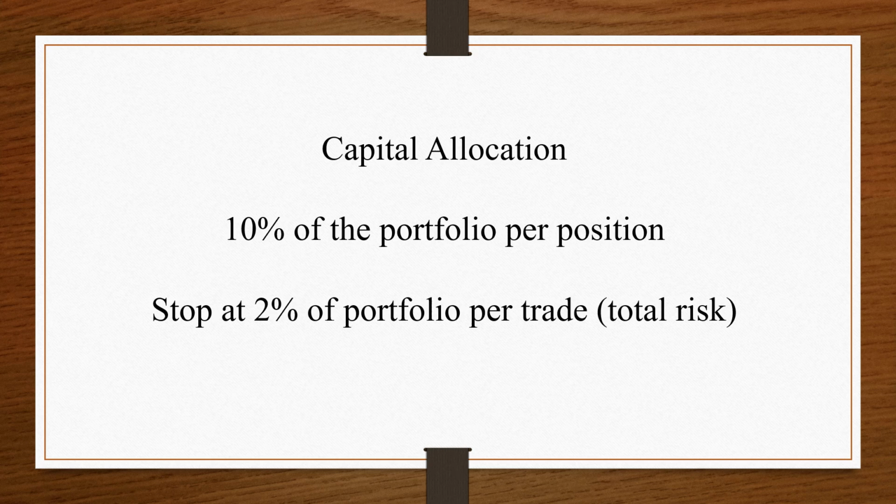Now this keeps you trading. As your portfolio goes up, the 10% of the portfolio, that position obviously gets larger and larger by way of the percentage. And if your portfolio happens to be shrinking because you've had a few losses, then the 10% automatically adjusts the size of your trade downwards.